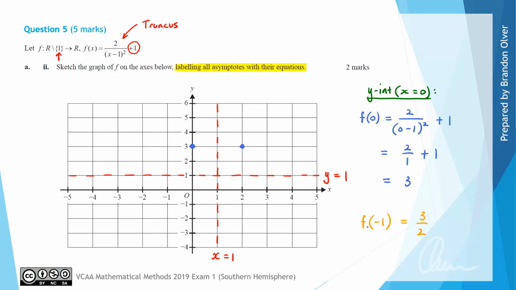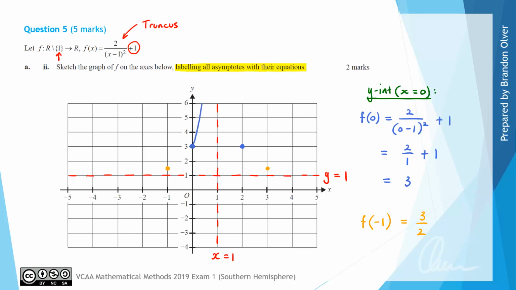So when x is negative 1, y is 1.5, which means the graph is going to go through a point here. And again, using the symmetric property of the truncus graph, when x is 3, the y value will also be 1.5. We certainly don't need to label those points, but it's a point that we can get our graph to pass through to improve the accuracy of this sketch.